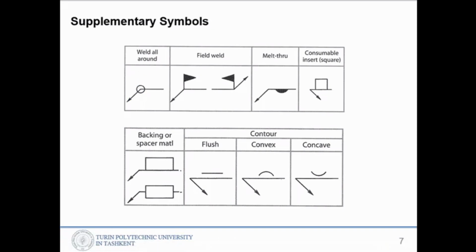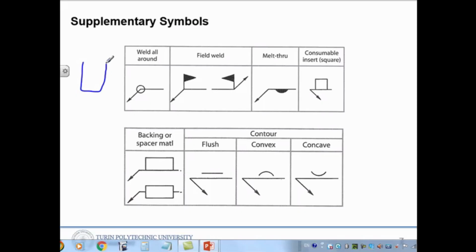For example, in the drawing, you have some shape, and if it's shown with an arrow, the straight line, and like this, that means all around this rectangle should be welded. So all this red line, through this red line you have to weld. Okay, so the meaning of this.